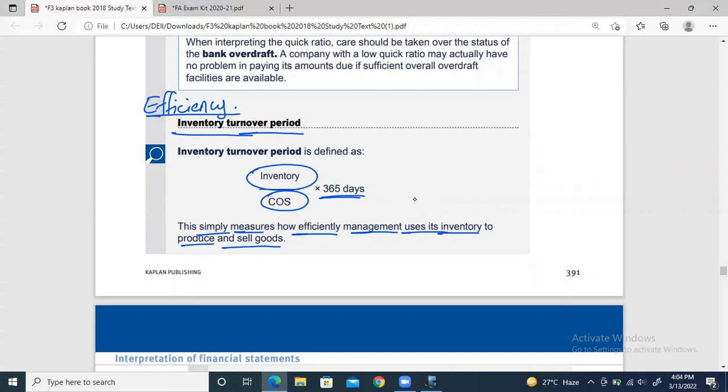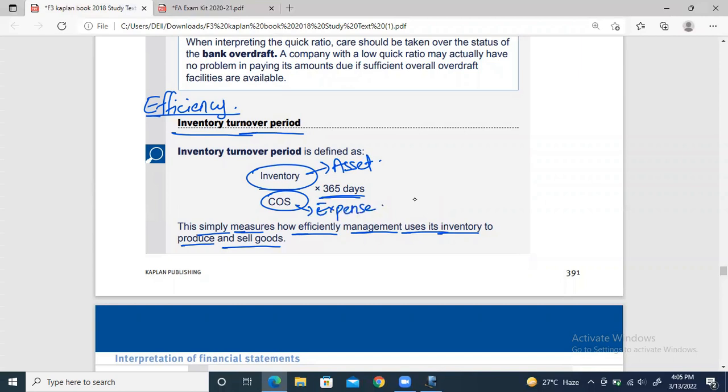And every company would want to use it very efficiently, right? Less inventory is wasted in that case. But why divided by cost of sales? Because for every kind of inventory we have to incur some cost as well. Inventory is a current asset, an asset for the company, but cost of sales is like an expense, and inventory is part of cost of sales as well, right?